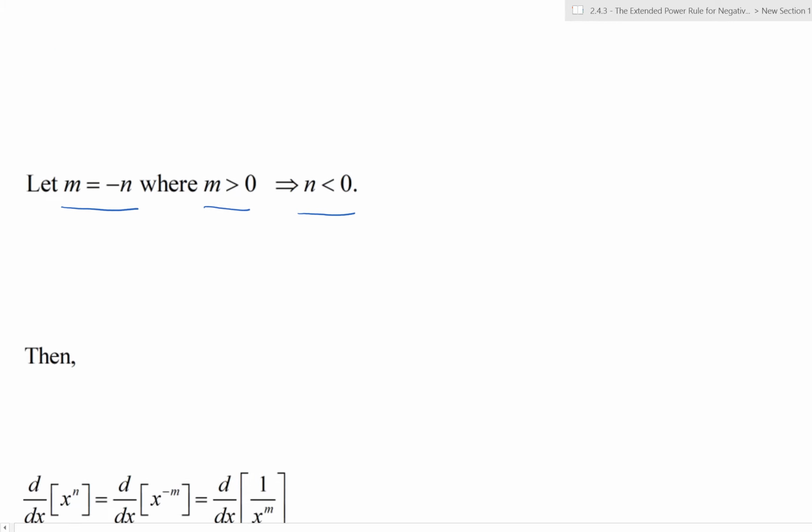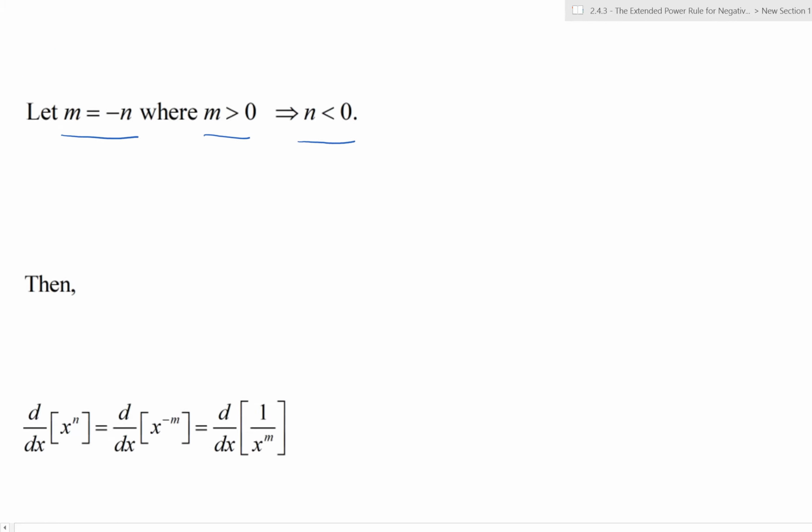Then, if we investigate the derivative with respect to x of x to the n, because we're calling n negative m, or equivalently m equal to negative n, the derivative of x to the n with respect to x is the derivative of x to the negative m with respect to x.